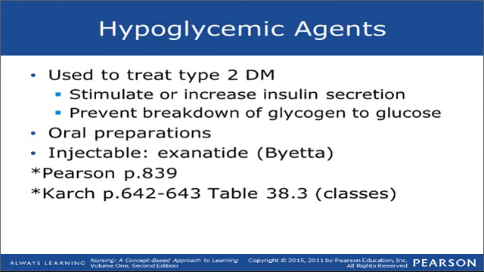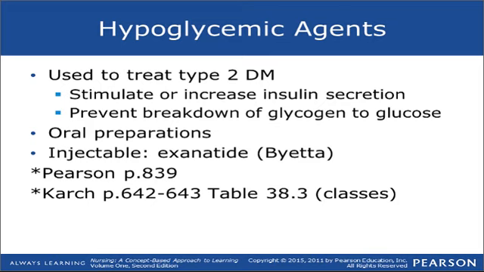Okay, hypoglycemic agents. Hypoglycemic agents are used to stimulate or increase insulin secretion. Pearson doesn't go into it much. It talks about some, like the Byetta or exenatide. Karch has a bunch of things.